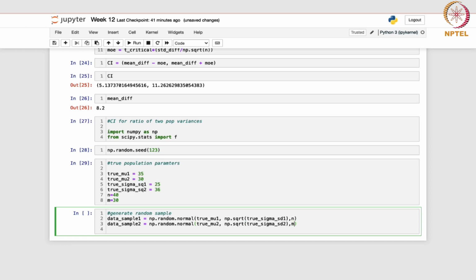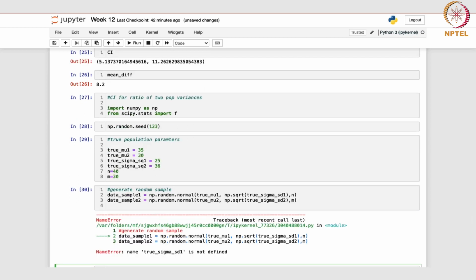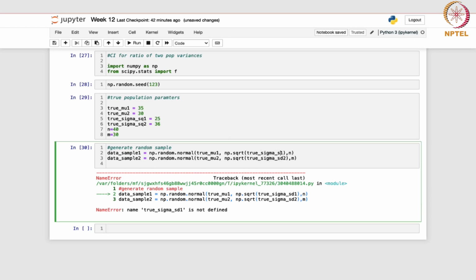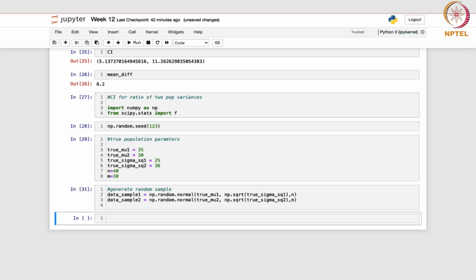Okay, now we are ready to calculate the sample variances. So true sigma sq, let me just write sq over here. Now we will calculate the sample statistic. In this case, it would be the sample variance, right? Because we are dealing with the ratio of two population variances as opposed to the previous codes where we were dealing with the sample means.